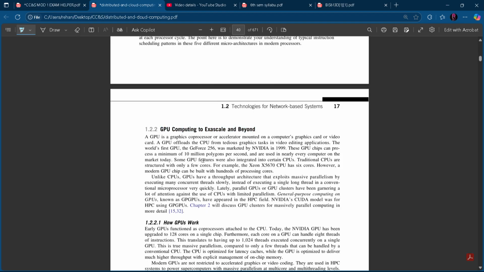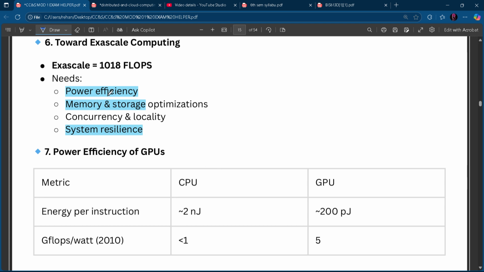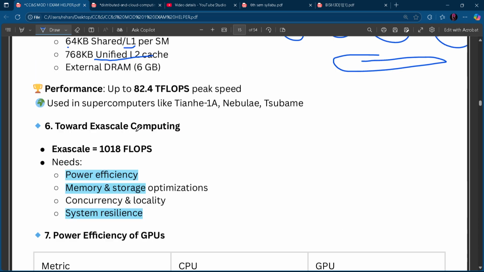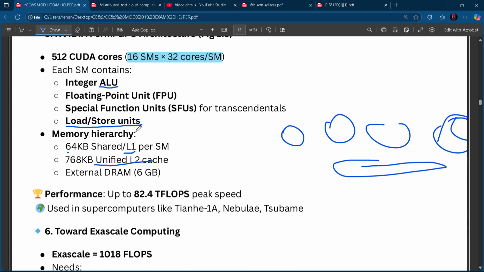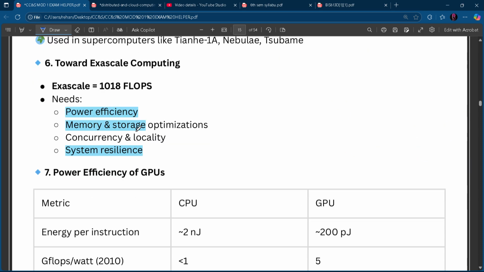About that you can talk over 4 things: power efficiency, how it excels using power efficiency, memory and storage optimization, concurrency and locality, system resilience. You can write your own points as well. How power efficiency is done, memory and storage optimization. You can draw this diagram, and then concurrency and locality, how it works, system resilience, how it manages and performs.